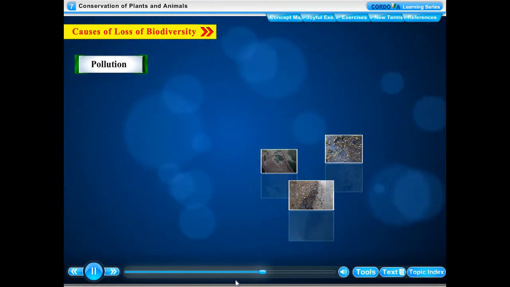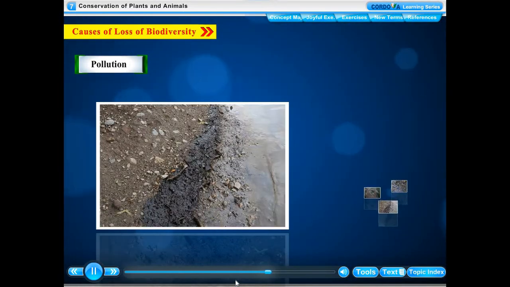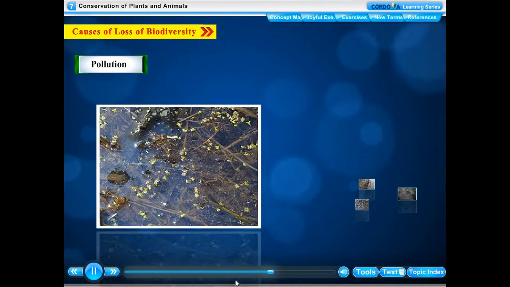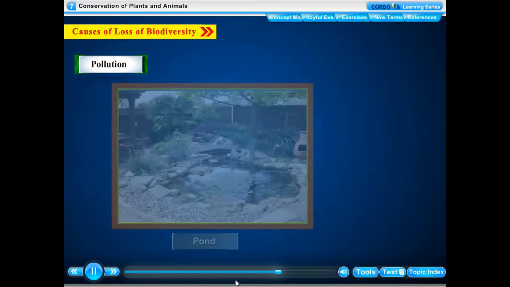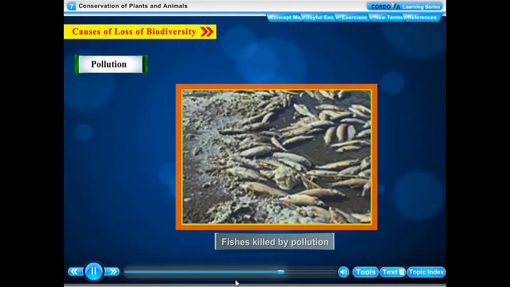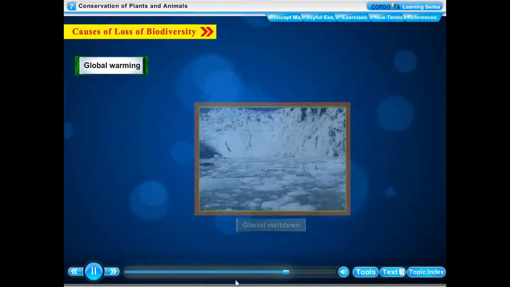Pollution. Pollution of soil, air and water is endangering many plants and animals. Pesticides and other harmful chemicals accumulating in water bodies like lakes and ponds kill fish and other aquatic animals. Global warming.